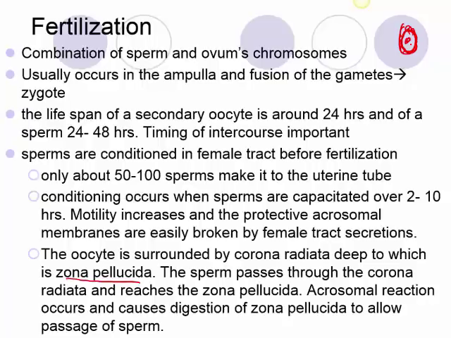If two sperms somehow manage to penetrate, you'll have 3 times the chromosome number, it will be triploid, right? Then that zygote will not be viable. It'll just die a natural death, which is good for us. So nature makes sure that you only have one sperm fertilizing an oocyte, okay?